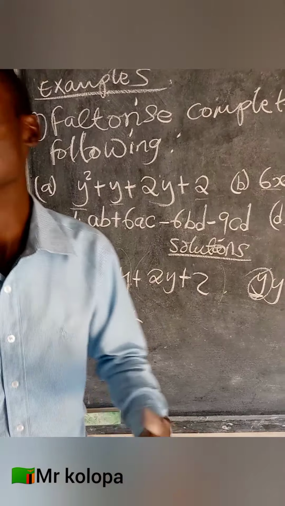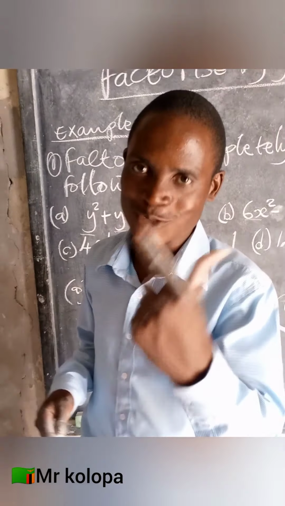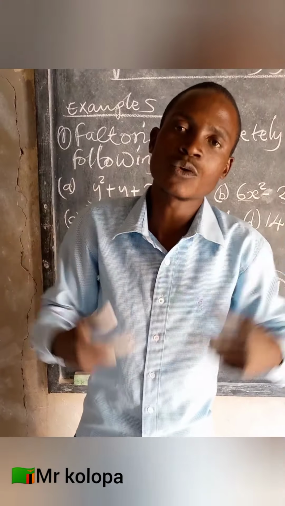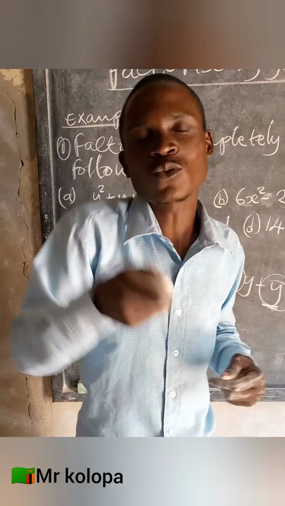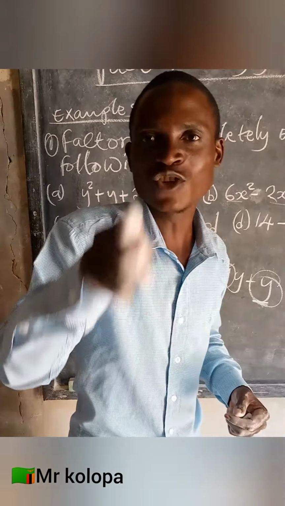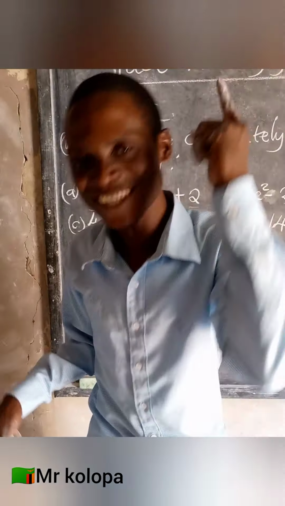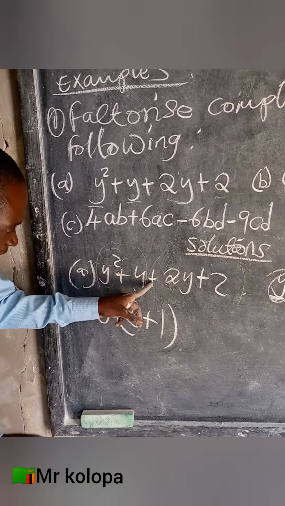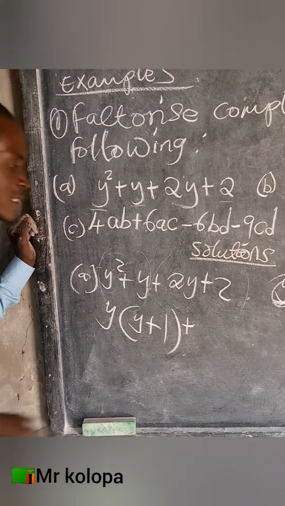We talked about that. Each into itself, we said it's 1. 2 into 2 is 1. 2x into 2x is 1. x squared into x squared is 1. y into y yourself, the answer is 1. Very good. So there you have a 1. Then the sign that follows is the sign you are supposed to write there.